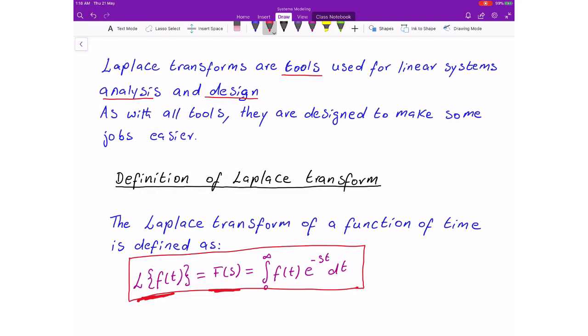We take our function and multiply it by an exponential e to the minus st dt, whereby the variable s is a complex variable. So s is equal to sigma plus j omega. Next we are going to look at an example on how to use this Laplace equation.